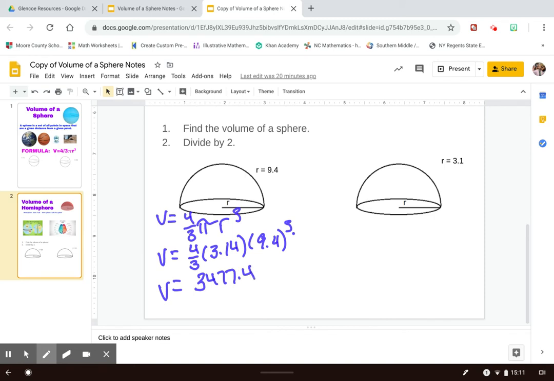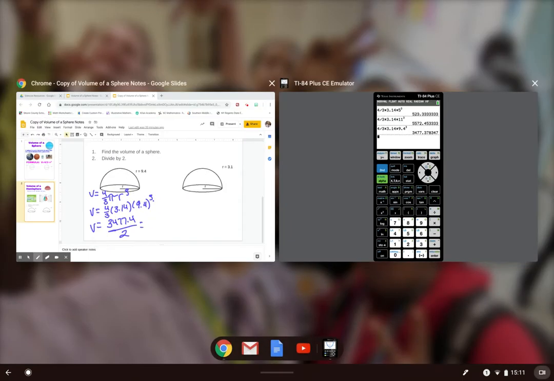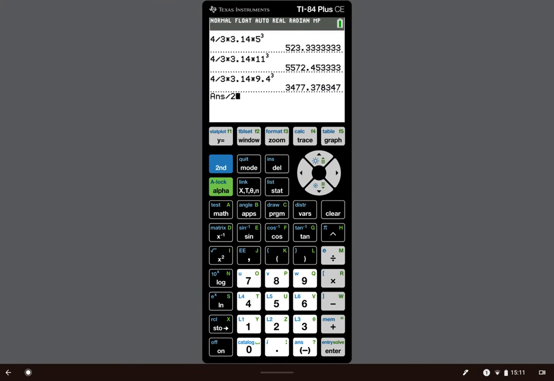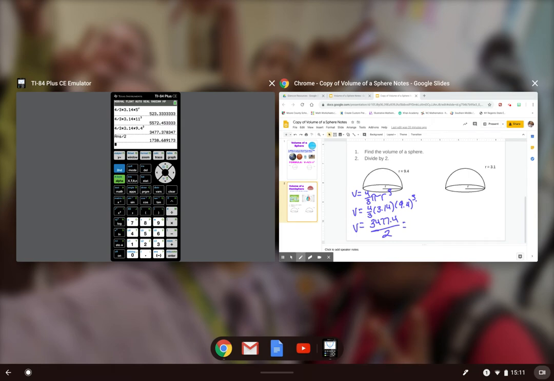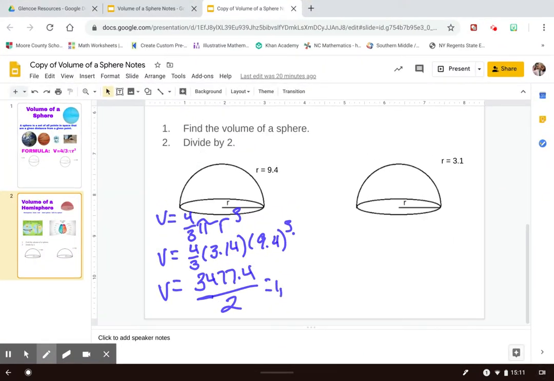So I found the volume of the sphere. Now I'm just going to divide it by 2, and that gives me 1,738.7 when rounded to the tenths position. That is the volume of that first hemisphere.